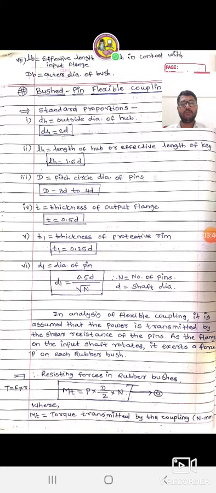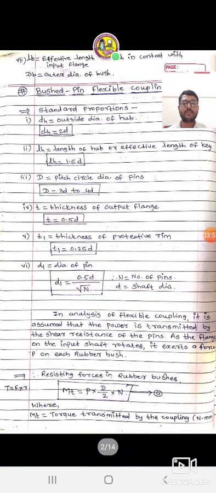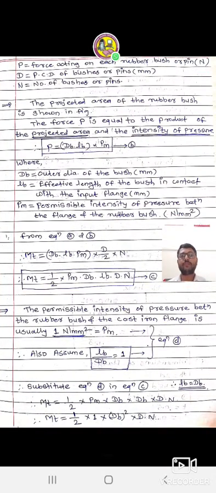In a similar way, here we apply the equation Mt, the torsional moment or torque, equal to force P into radius, here D by 2, into the number of pins, where Mt is the torque transmitted by the coupling in Newton mm, P is the force acting on each rubber bush or pin in Newtons, capital D is the pitch circle diameter of bushes or pins, which we have already discussed, and n is the number of bushes or pins.